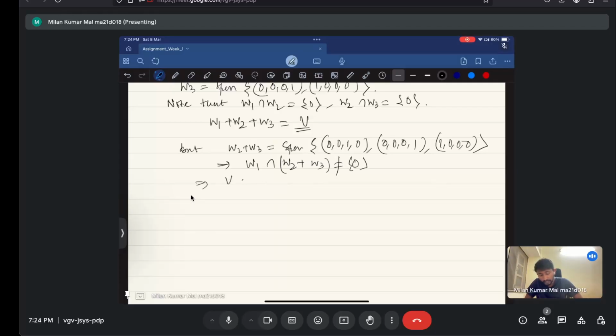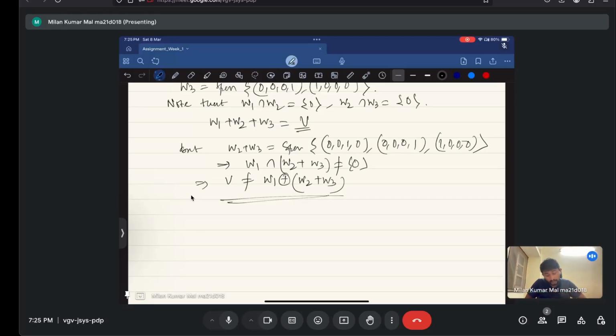Therefore V can't be written as W1 direct sum W2 plus W3. If we want to write two subspaces as a direct sum, first we need that their sum is the vector space and that their intersection contains only zero, that is, trivial.